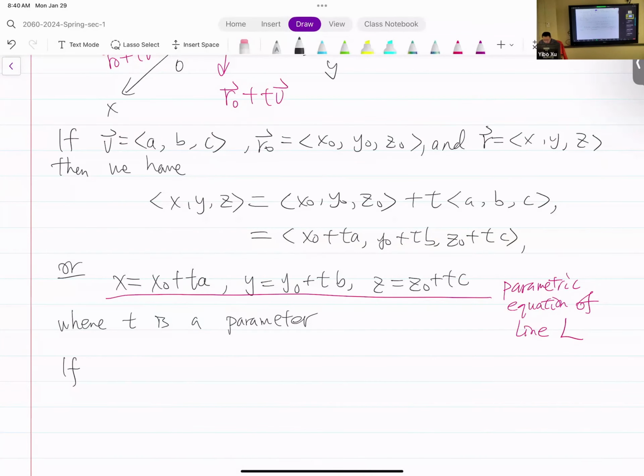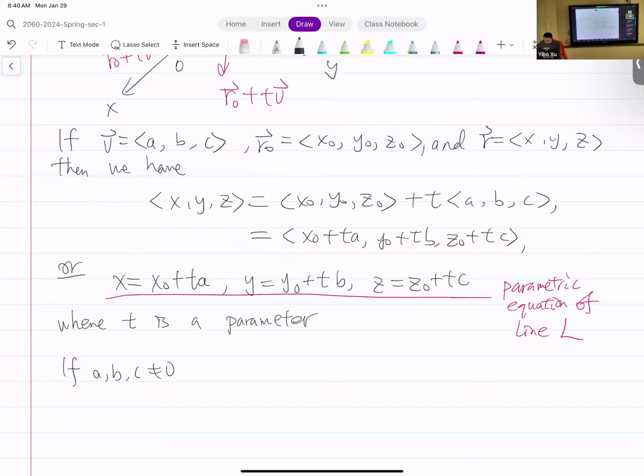Now, finally, like we mentioned, as long as we have the parametric equation, we can derive that third equation where we eliminate t. So as long as a, b, and c are non-zero, then we can just subtract, getting rid of the constants on the left-hand side, and then divide by a, b, c within these three equations respectively.